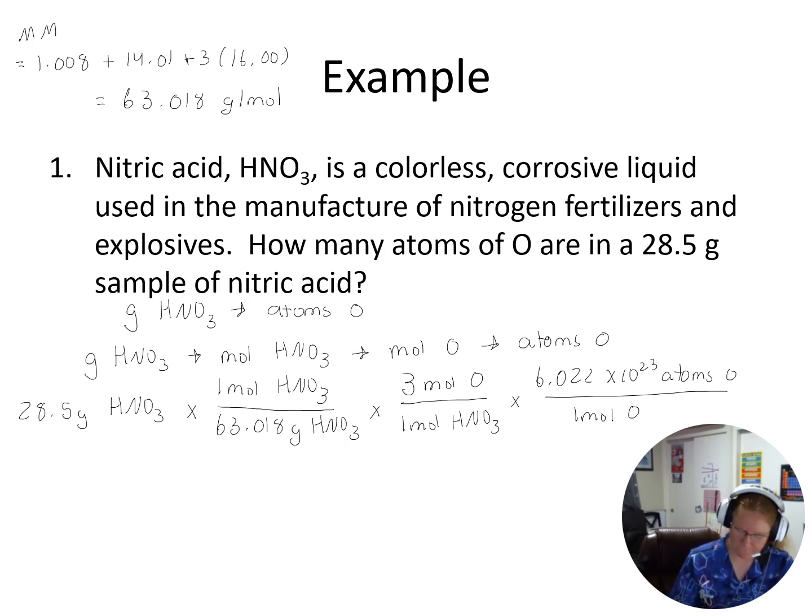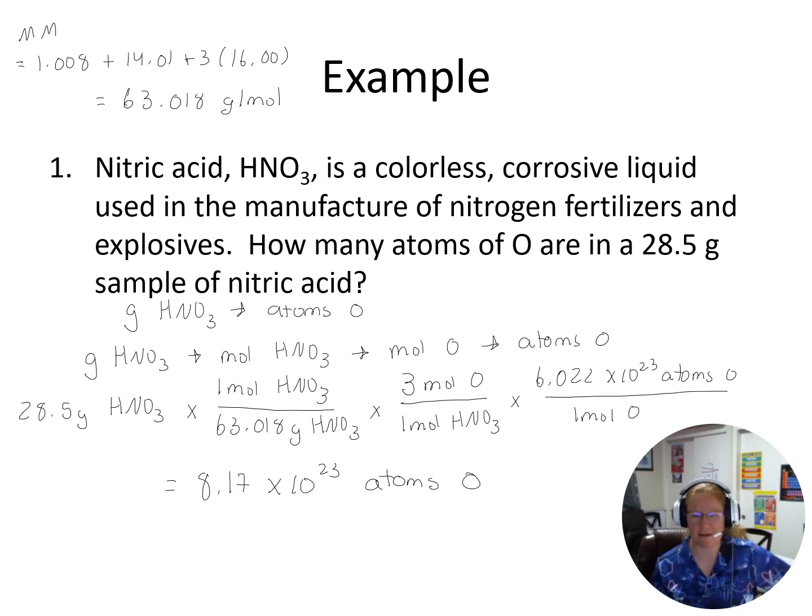Okay? And so we end up with 8.17 times 10 to the 23rd atoms of oxygen. Okay, and we have 3 significant figures because up here I have 3 significant figures for my measured value. And so that's why I rounded that to 3 significant figures.